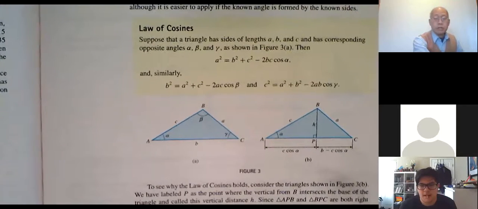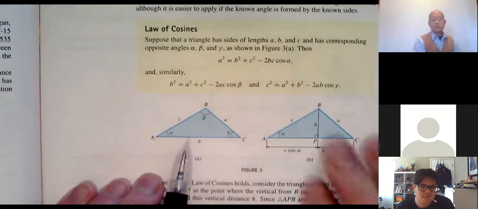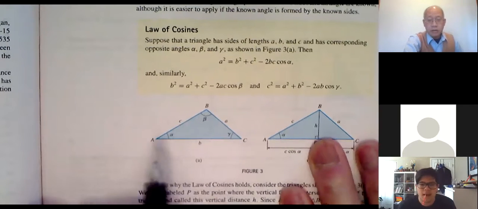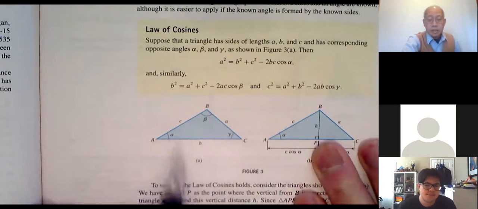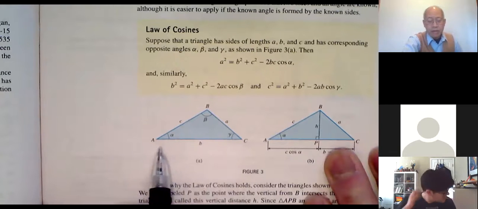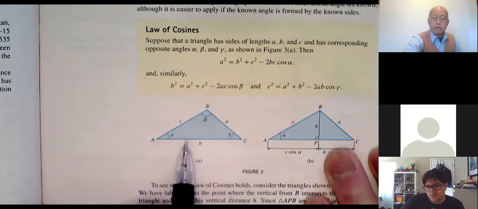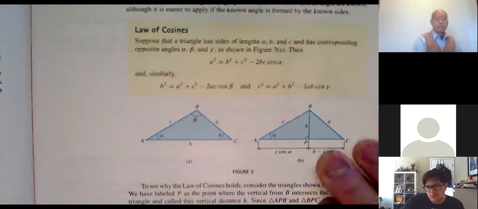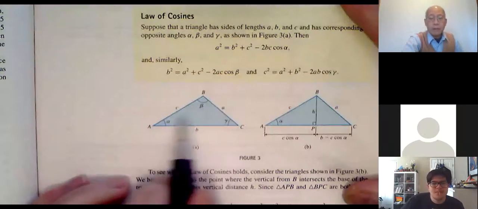So here's the law of cosines. I'll show you the law of sines in just a second. Now, one convention that you want to use: as you can see, for a general triangle, they have A, B, C, little a, little b, little c, and the Greek letters alpha, beta, and gamma, which in my opinion you don't really need. You can just use angle A, angle B, and angle C. The convention is the big letter and the little letter always are opposite each other.